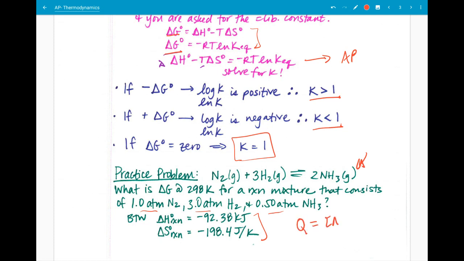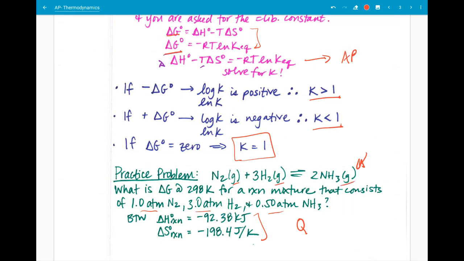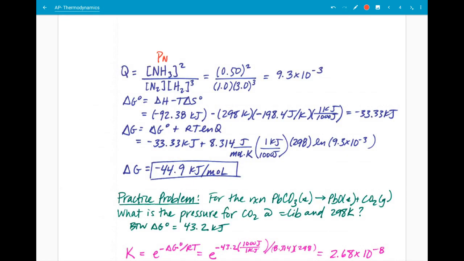So Q is going to be equal to NH3 squared all over N2 times H2 cubed. Just a reminder, I did tell you to use P's if they're gases. So actually the better way to write this one would be Q equals P NH3 squared over P N2 times P H2 cubed.